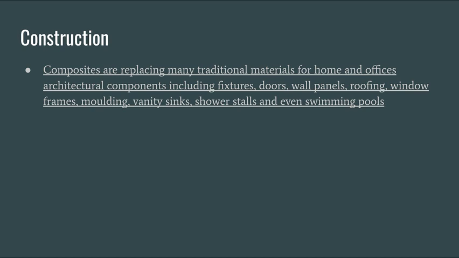Another example, and this kind of ties in with that, would be construction. So construction uses composites for things such as architectural components like fixtures, doors, wall panels, roofing, window frames, molding, sinks, showers, and even swimming pools can be made from composites.